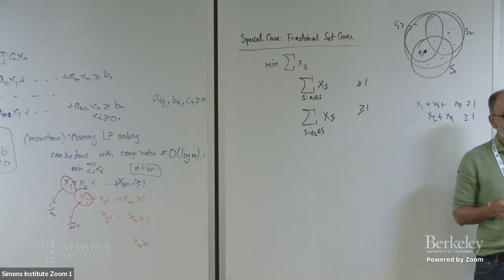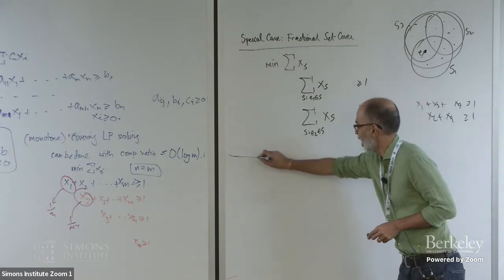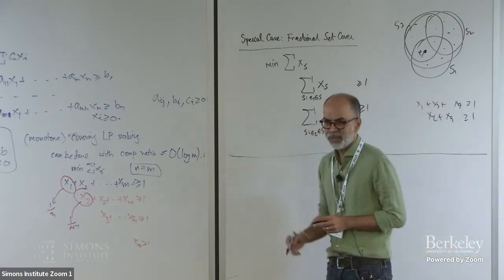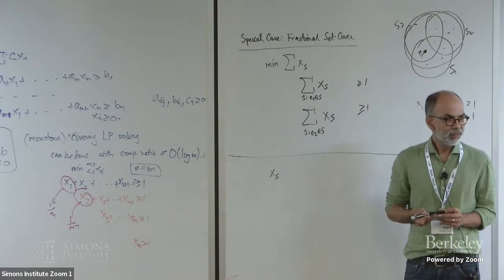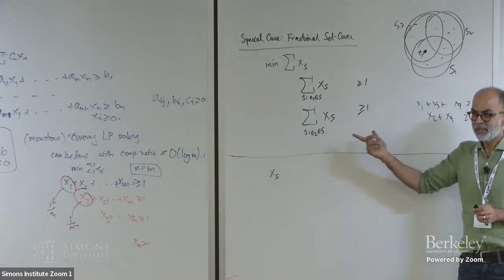So here's an idea. The idea is multiplicative weights. So let me tell you the algorithm. Look at any variable xS. Suppose this constraint just came in.